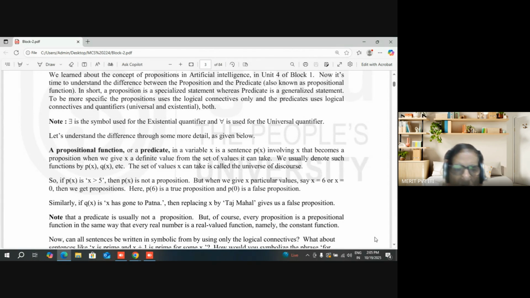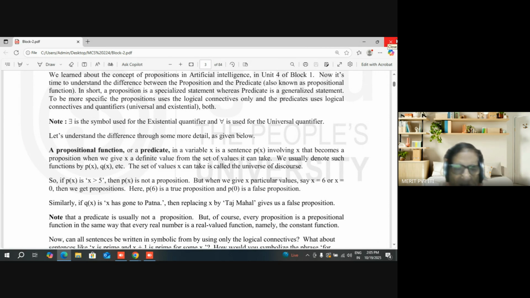We usually denote such functions P(x), Q(x), etc. The set of values x can take is called the universe of discourse. For example, if P(x) is x is greater than 5, then P(x) is not a proposition. But when we give x a particular value, say x equals 6 or x equals 0, we get a proposition.